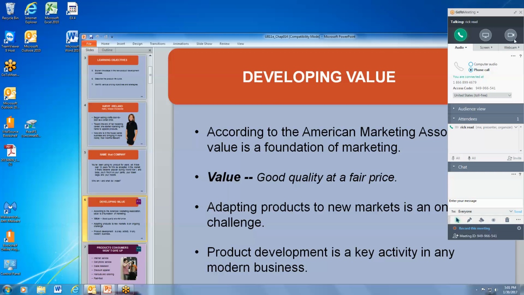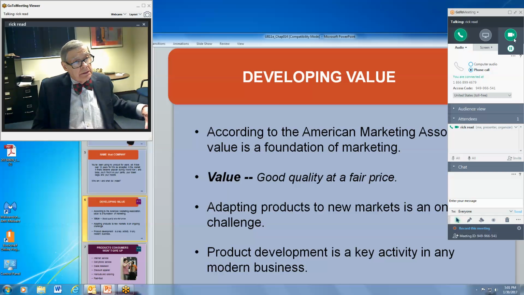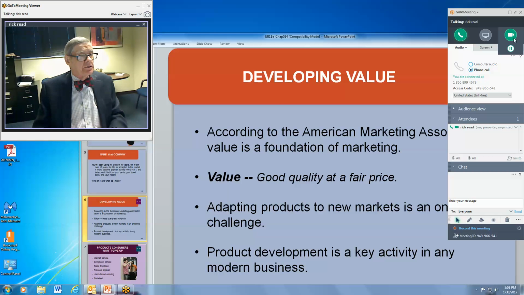This is something that every company selling a product must do. Value. Notice that the American Marketing Association says that is the value, that is the foundation of marketing. Value. And value is considered to be, according to this definition, good quality at a fair price.